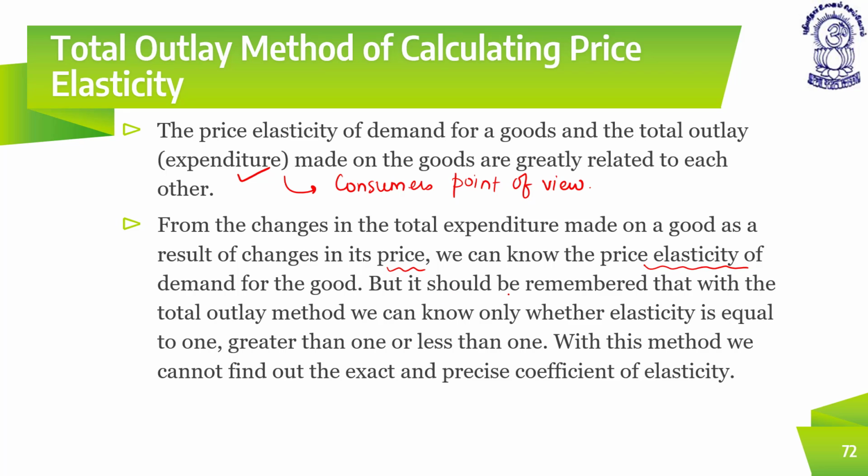But it should be remembered that with the total outlay method, we can know only whether elasticity is equal to 1, greater than 1, or less than 1. You can't calculate the coefficient of elasticity very precisely. I believe you must have understood till over here, the total outlay method.